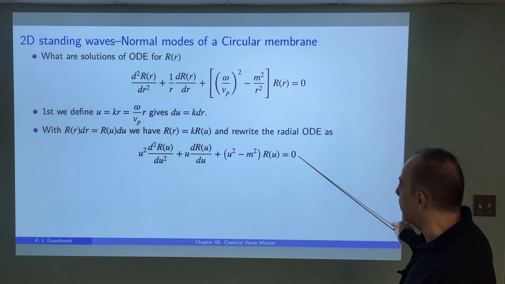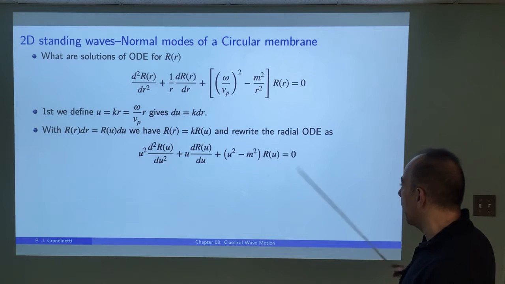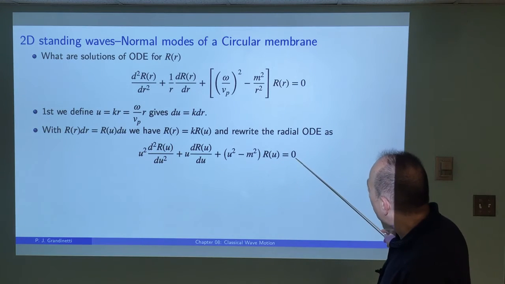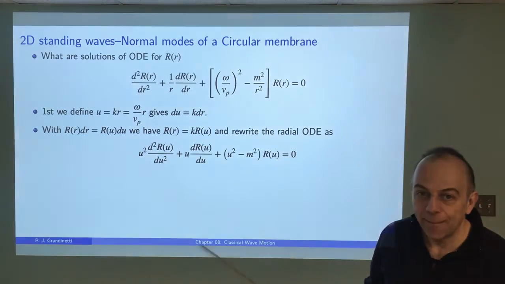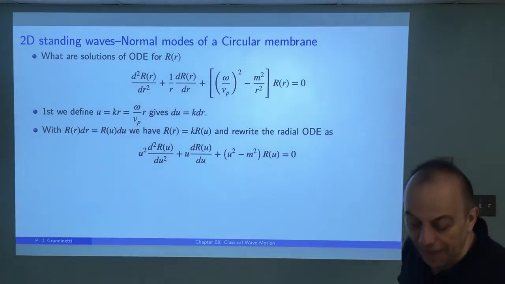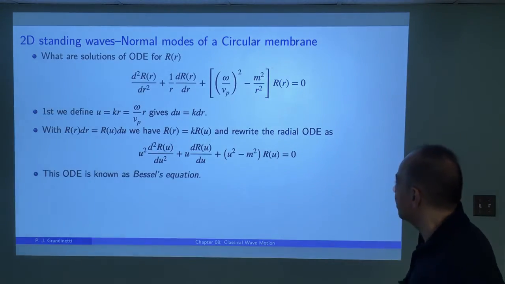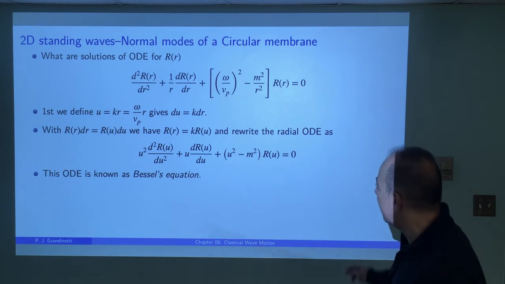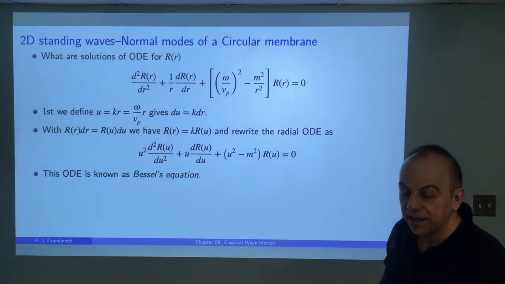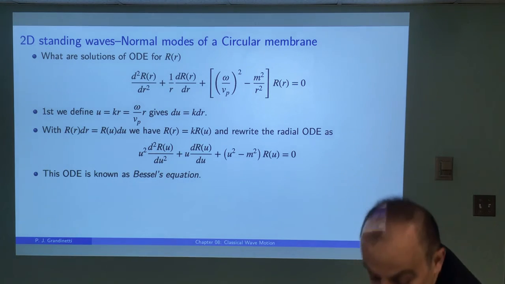When you get to this point, you may be wondering what the advantage was of going from here to here. Well, this equation right here is something that might be recognized by mathematicians as the Bessel differential equation. It is well known in mathematics as Bessel's equation, and the solutions have been worked out. They're called Bessel functions.